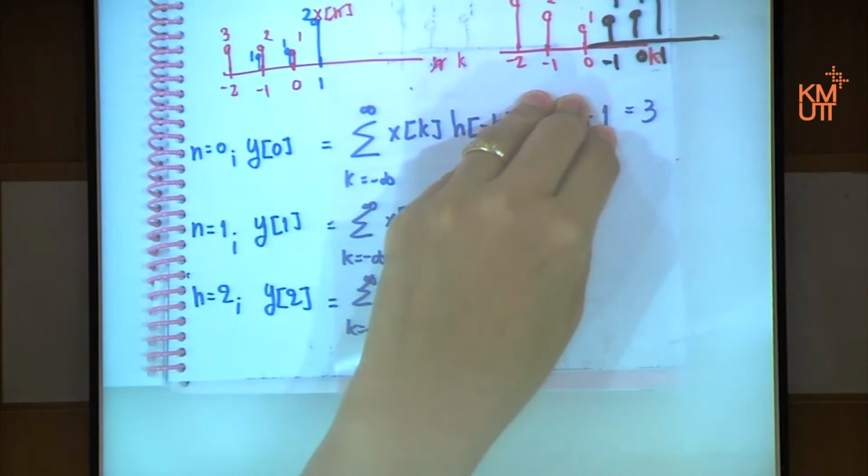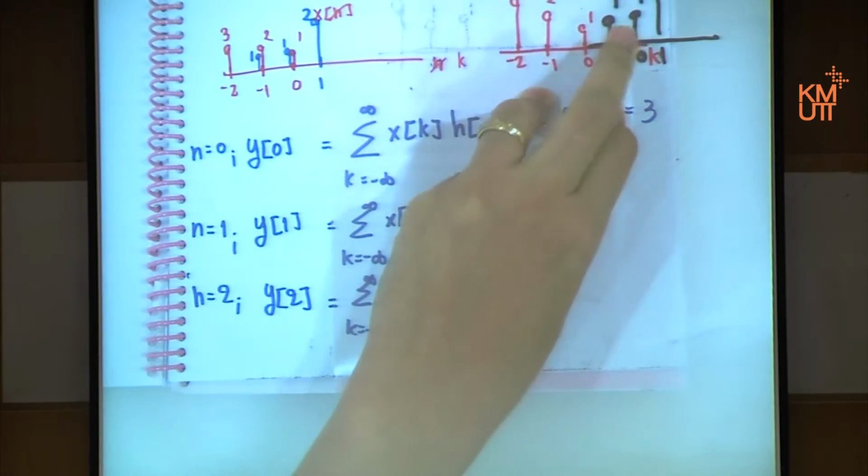You have the picture looking like this. Now multiply the red one and the black one together.